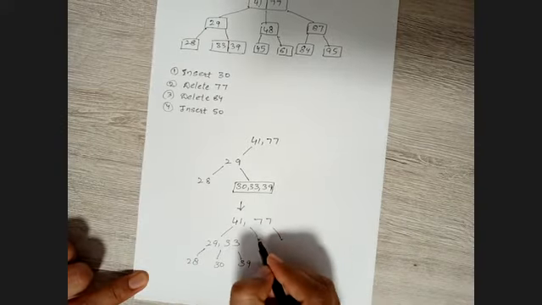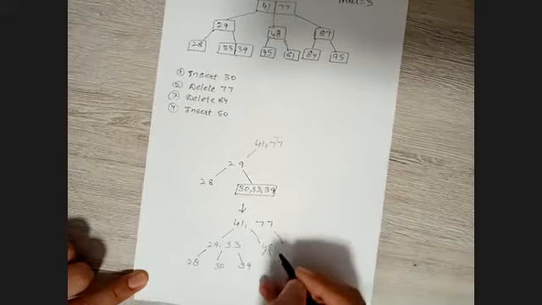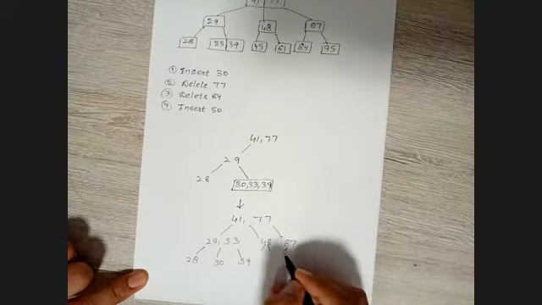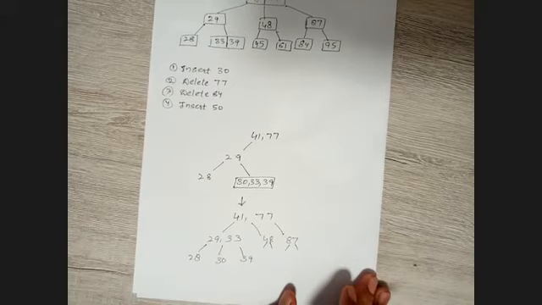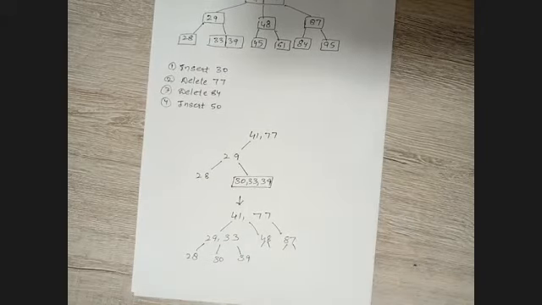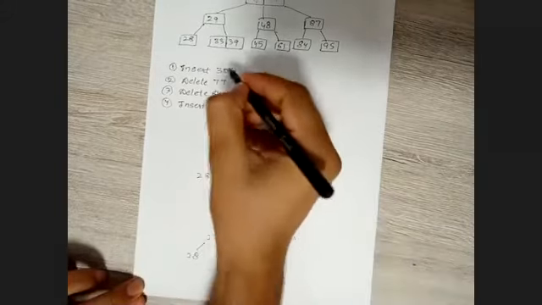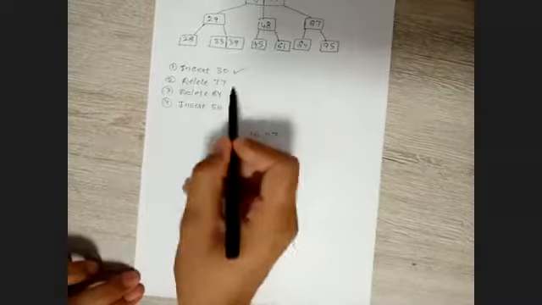On the other hand, we have these as they are, so you can just rewrite these values. So this is what we have received after performing the insertion operation of 30. Now let's try to understand for this tree.